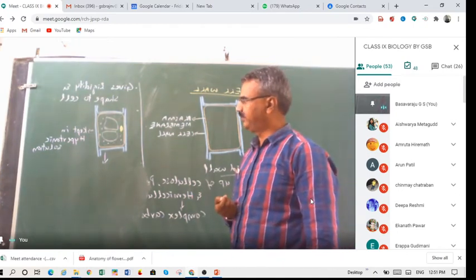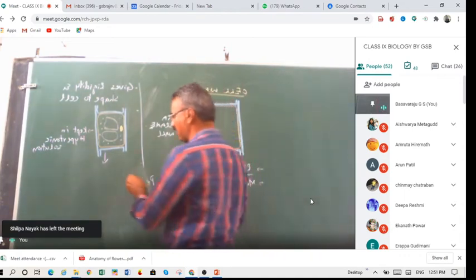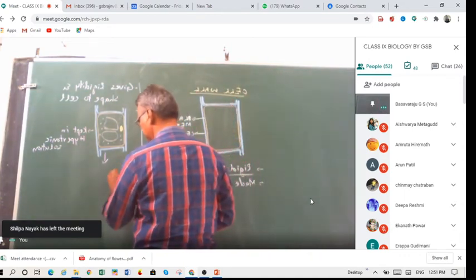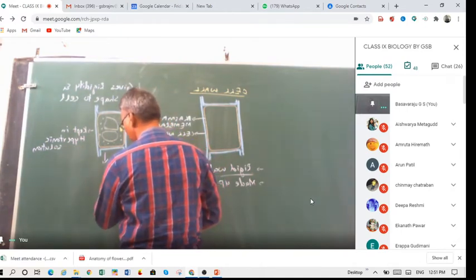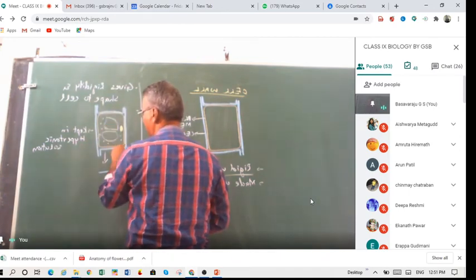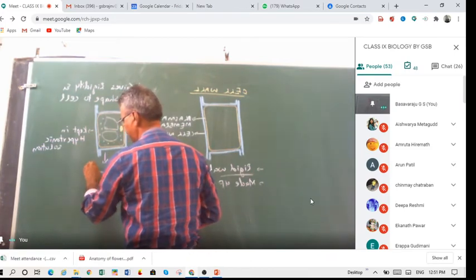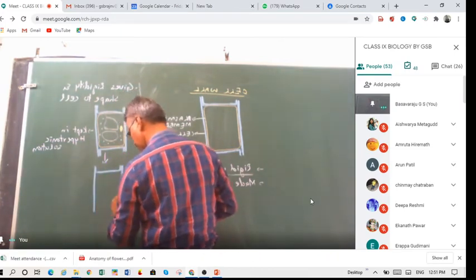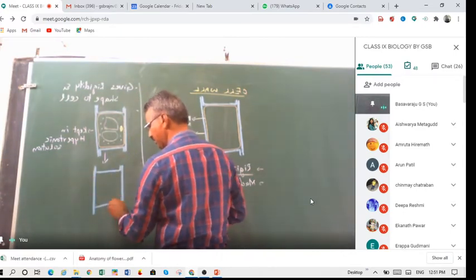What should happen here? The cell will shrink, but the problem is that this cell wall is very rigid in nature. The cell wall is very rigid in nature.